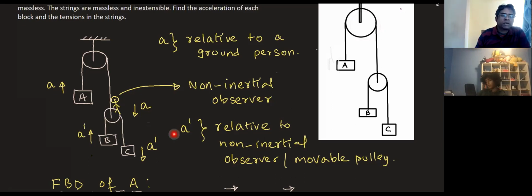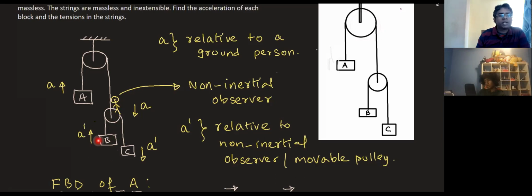Then B and C cannot really move relative to the pulley. So in that case, what is really happening? The movable pulley is going to go down with acceleration A.